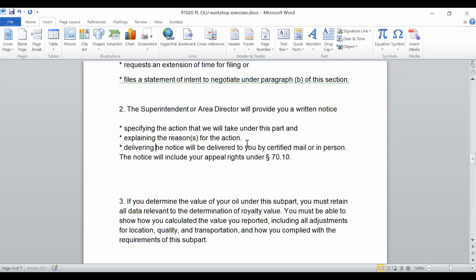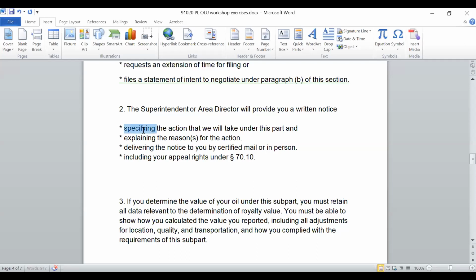Delivering, because we have to make it parallel. Delivering the notice to you. And okay, well, we don't need the notice, and we don't want will include. What we want is including. But what doesn't work?